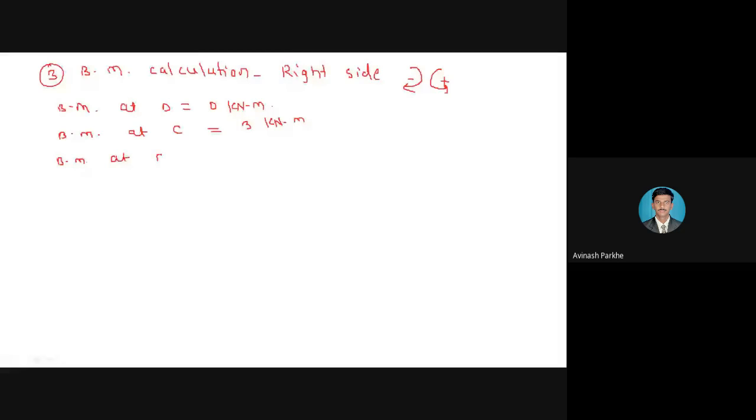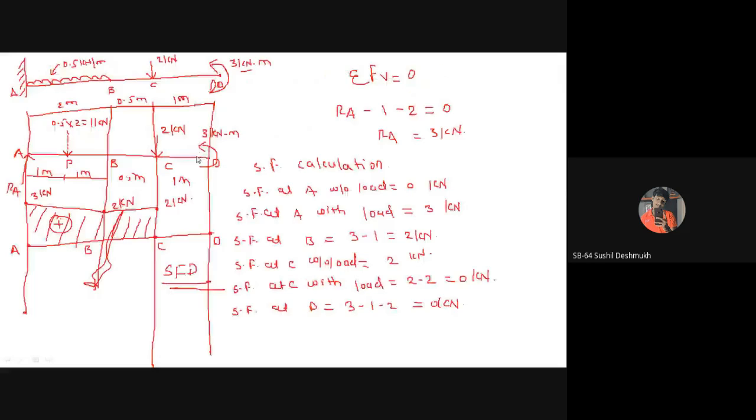B. How many forces are present to the left side of the point B? Two forces are present. Out of that, one is the point load of 2 kilonewton and another is the couple. The couple is rotating in anti-clockwise direction, therefore we take it as positive. But the 2 kilonewton force acting in the downward direction, if I rotate that point load, it will rotate in clockwise direction, and the distance between point B and C is equal to 0.5 meter.